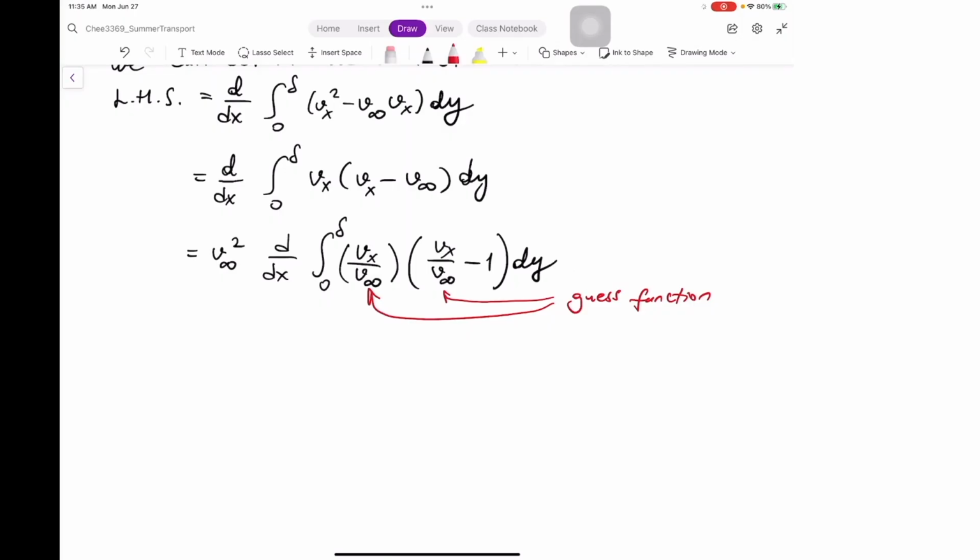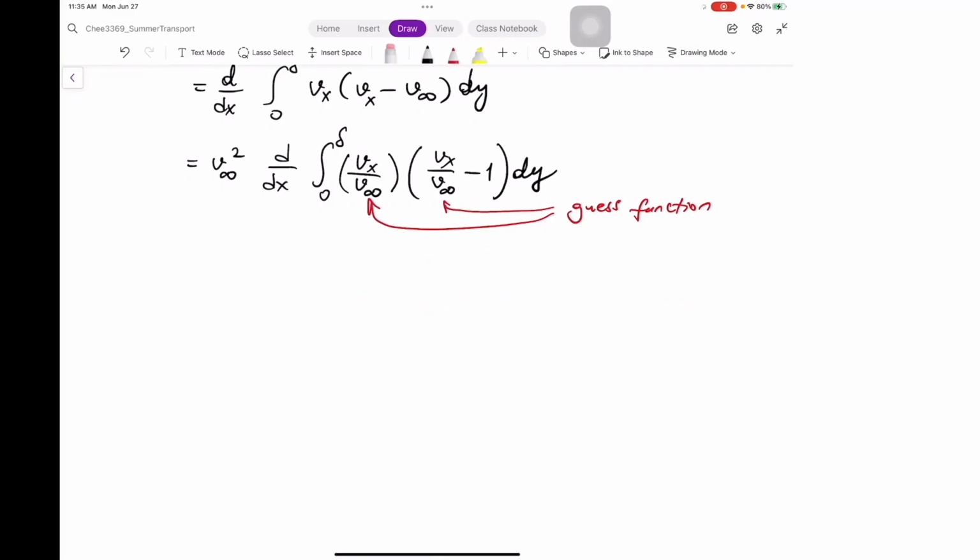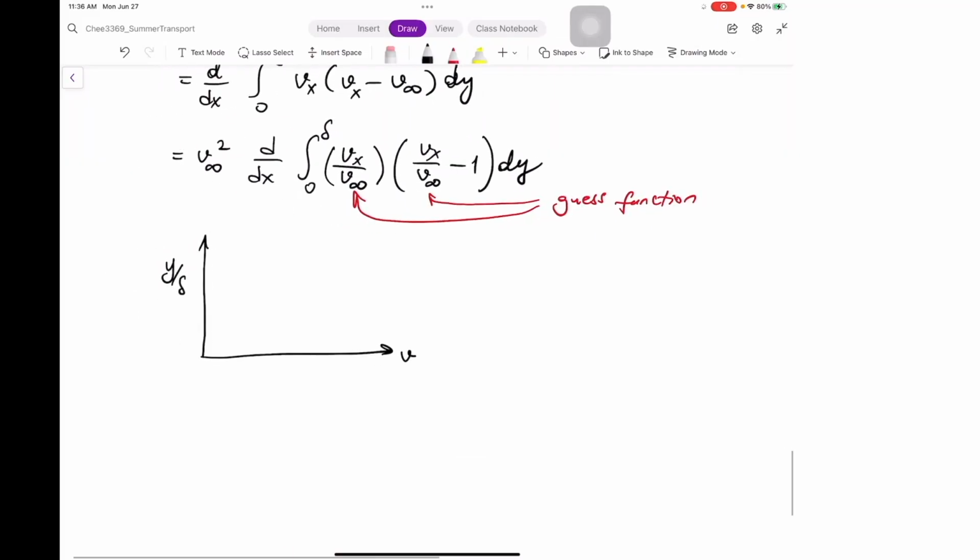And at least we can actually write down a form. Let's say, for example, let the function be quadratic or third order or a quartic polynomial, whatever, right? So you can come up with some like y over delta versus vx over v infinity. Okay.